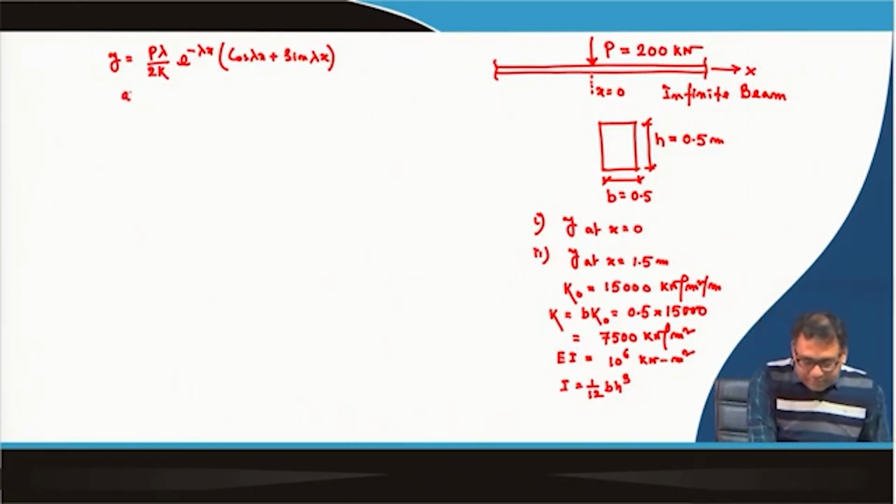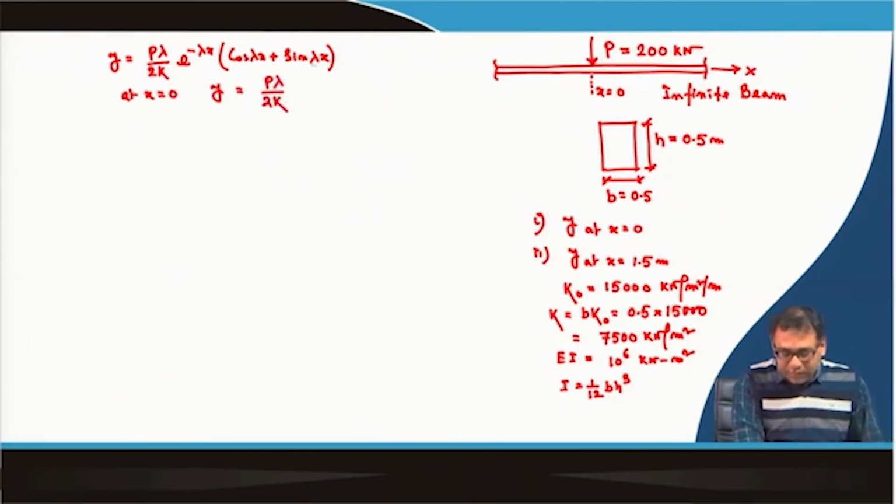Now, at x equal to 0, that is our first case, y will be equal to P lambda by 2k only, because at x equal to 0, sin 0 is 0, cos 0 is 1, and e to the power minus 0 is 1. So, it will be P lambda by 2k.